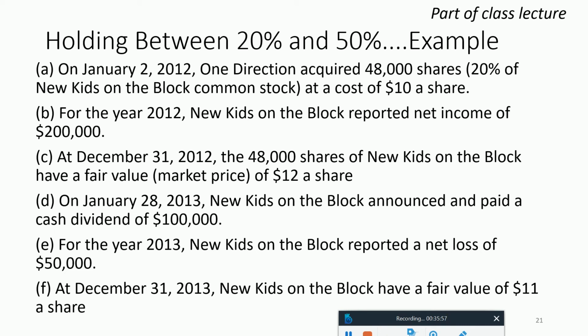So that's going to reduce the value on the balance sheet. And then for F, on December 31st, 2013, New Kids on the Block have a fair value of $11 per share. Again, that is not relevant because we are not using the fair value method. We are using the equity method.